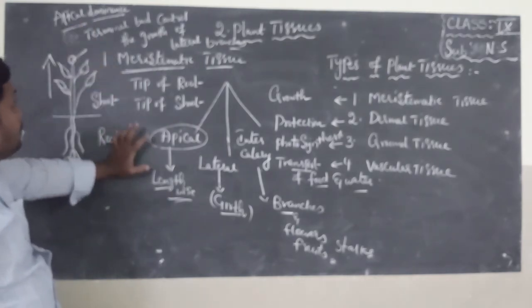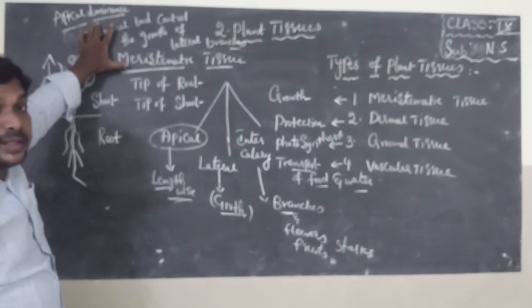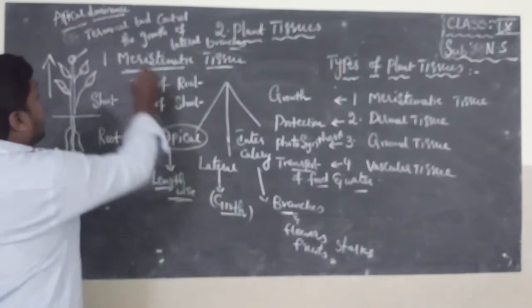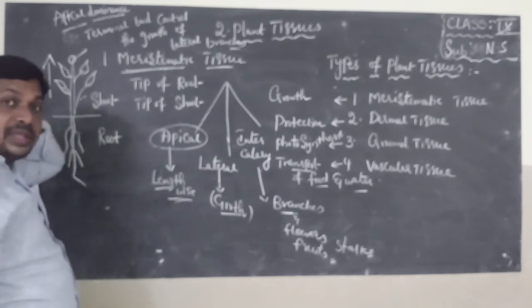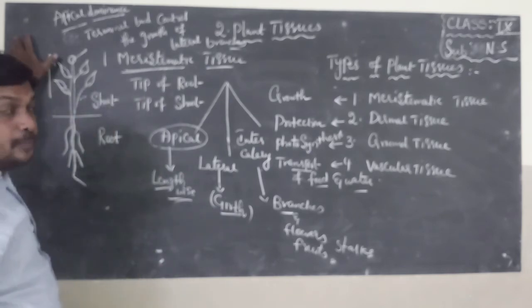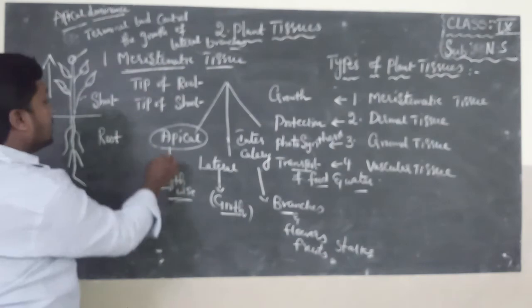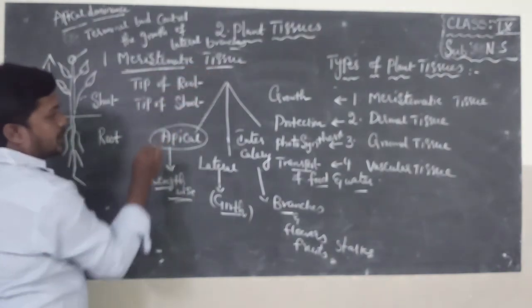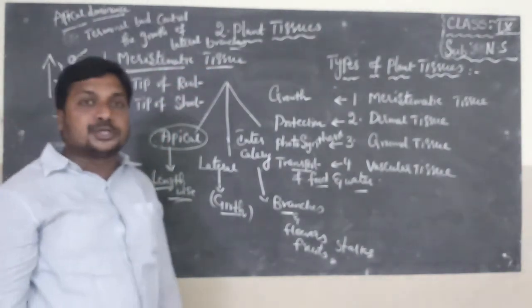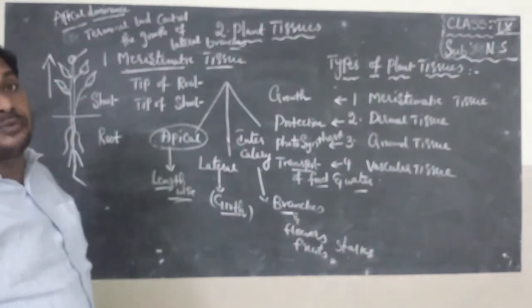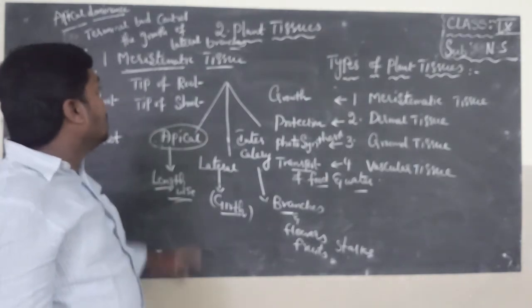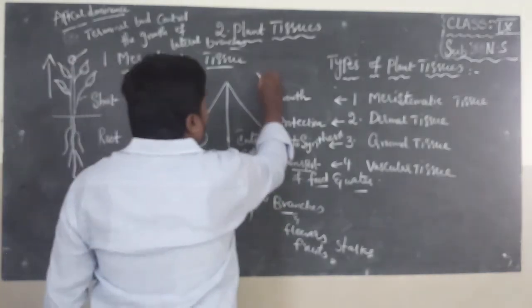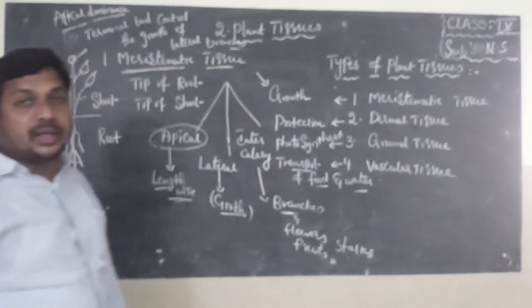Apical means upper, dominance means which dominates the other branches. If the terminal bud controls the growth of lateral branches, it is called apical dominance. Which tissue is responsible for apical dominance? Apical meristematic tissue. So meristematic tissue is helpful to increase the growth of the plant.